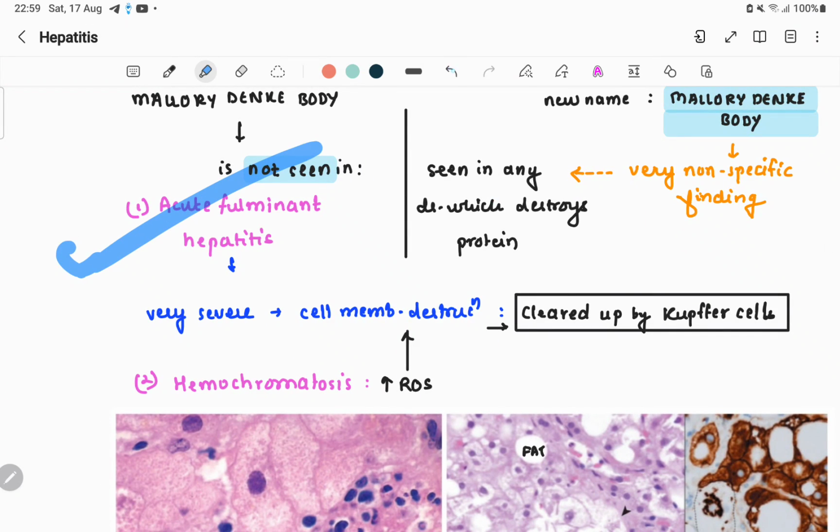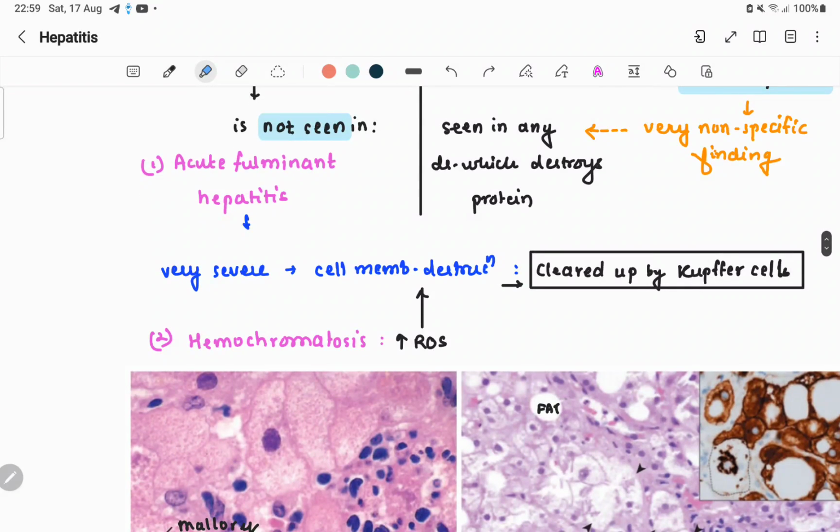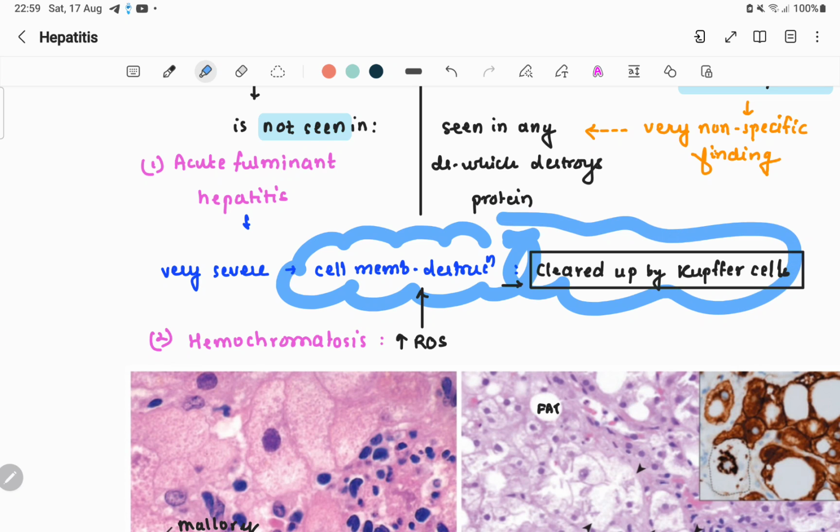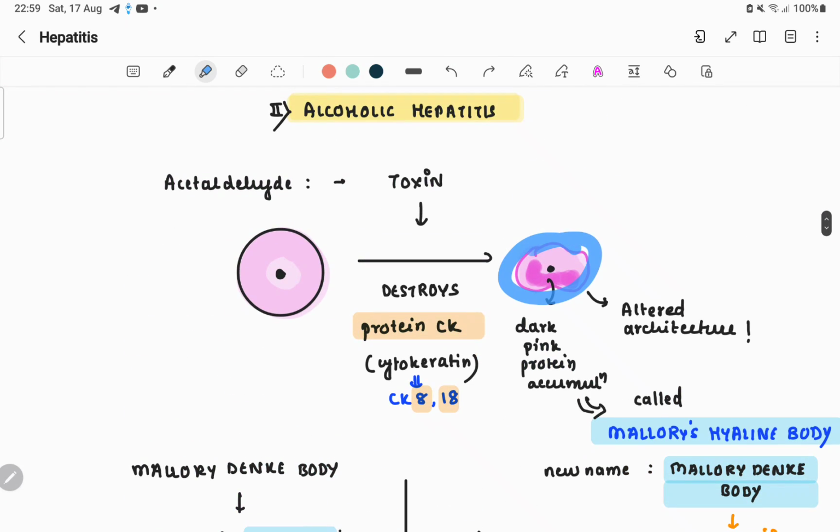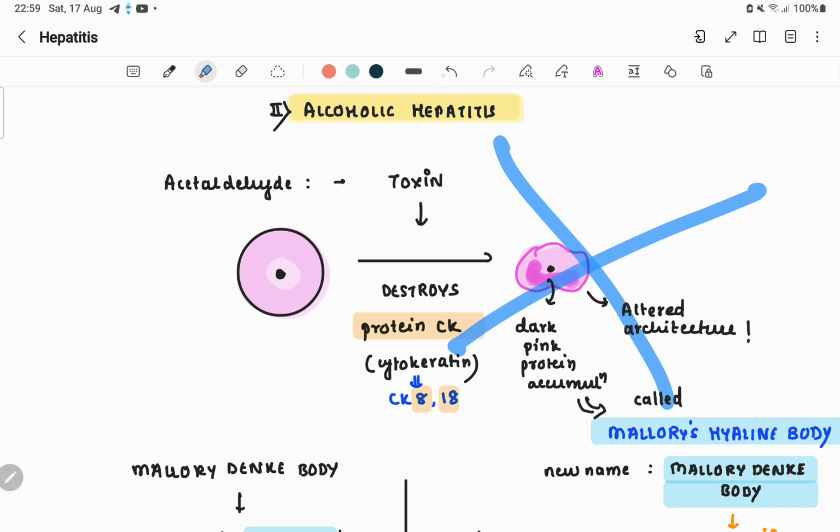It is a very severe condition. Acute fulminant hepatitis is a very severe, fatal condition. So there is cell membrane destruction also, and it is cleared up by Kupffer cells. So basically this altered architecture is not present in acute fulminant hepatitis. In this acute fulminant hepatitis, the whole architecture is broken.